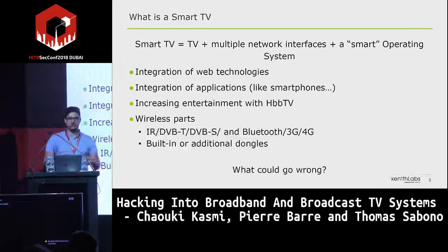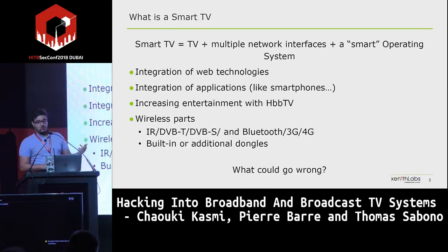We also increased the entertainment by adding the HBB-TV support to TVs, and a lot of wireless interfaces. The ones we commonly see are IR, DVB-T, DVB-S sometimes for satellite broadcasting, Bluetooth and Wi-Fi.